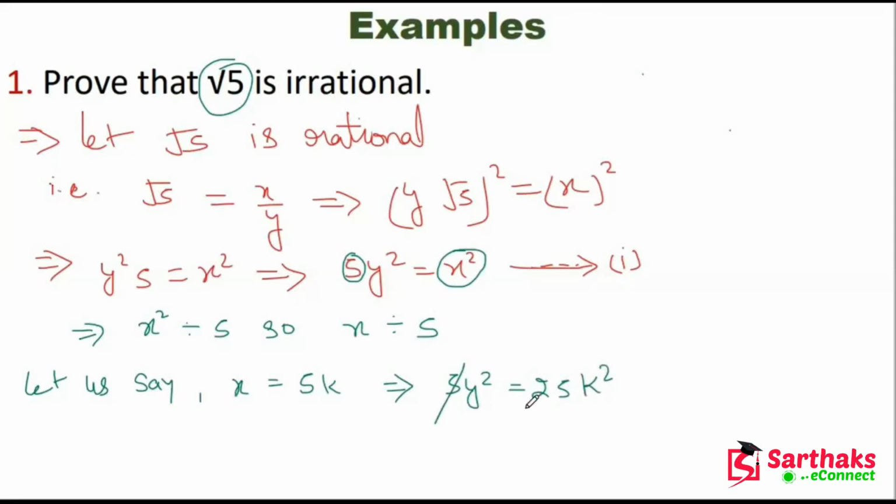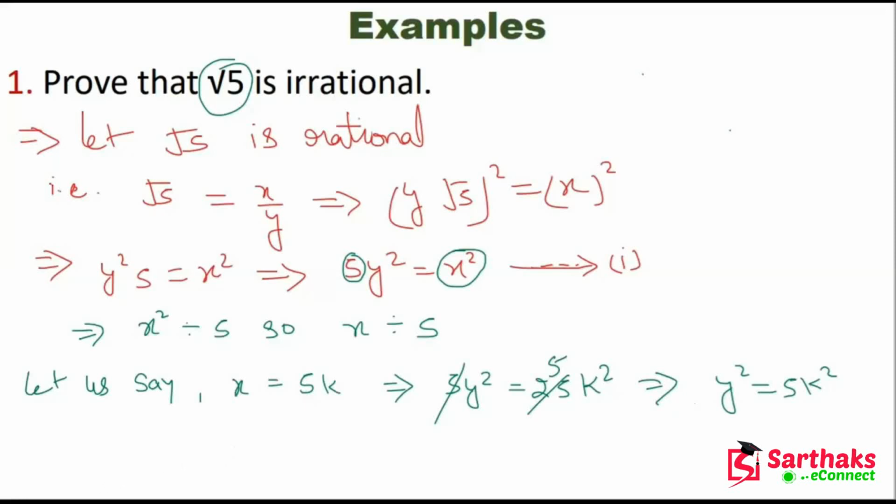Now here it can be divided by 5, so y square is equal to 5k square. In that case 5 can also divide y, because y square is divisible by 5, so y also can be divided by 5.